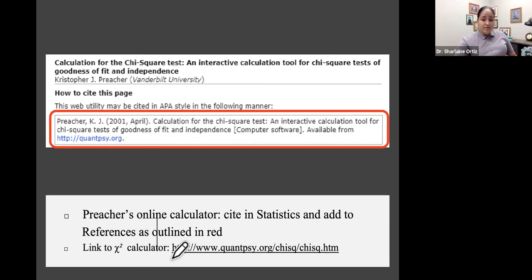Now, here is the link for the chi-square calculator. So go ahead and pause the video and make sure to look into this calculator should you need it for further research in chi-square. So I'm going to give you a chance to pause the video and we will move on to our next slide.